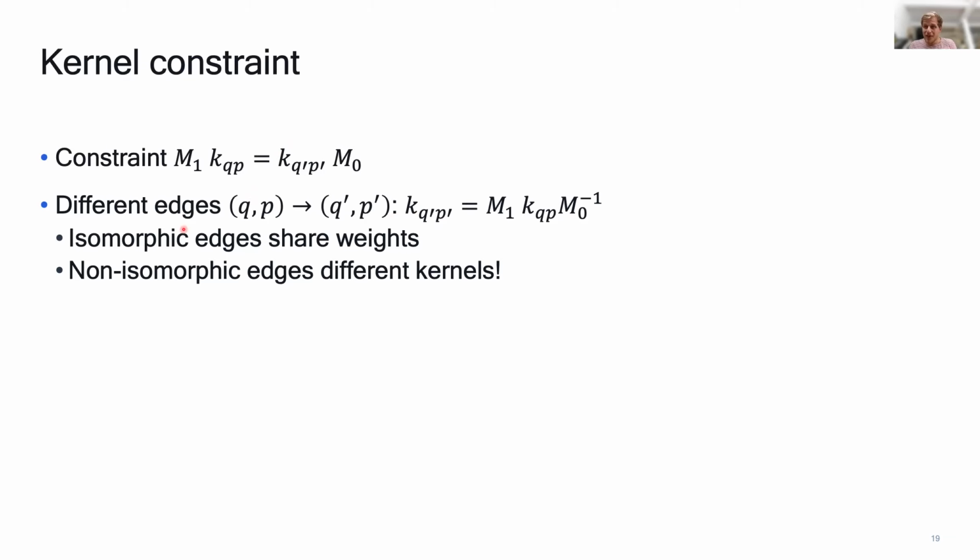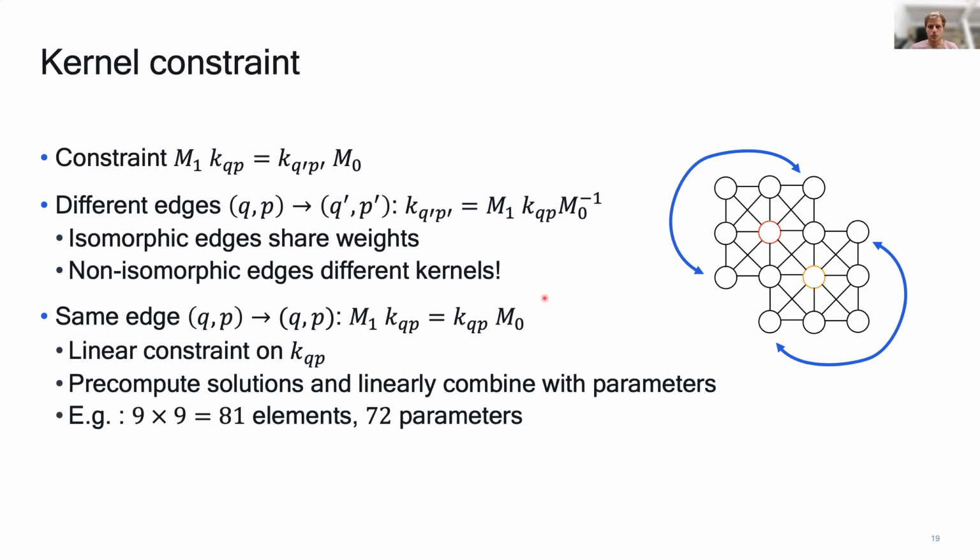But when we don't have such an isomorphism, we can have arbitrarily different weights. As I said, this is very different from a graph convolutional network, which has the same weights on all edges. But when we have an automorphism of the edge, namely mapping the edge neighborhood to itself, we get this equation, which is actually a linear constraint that this matrix KQP must satisfy.